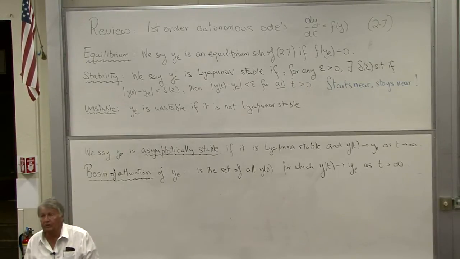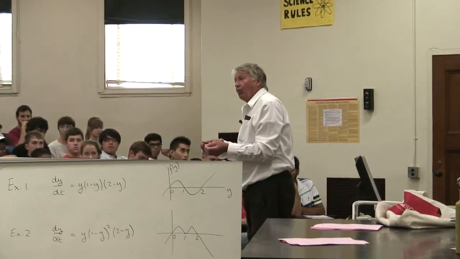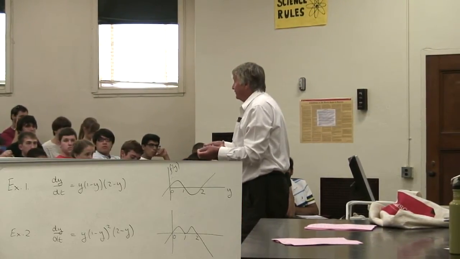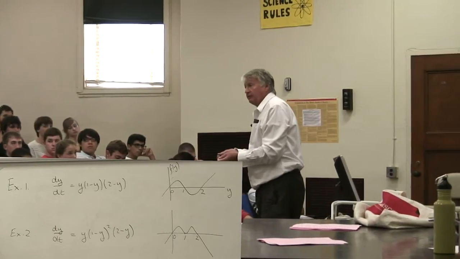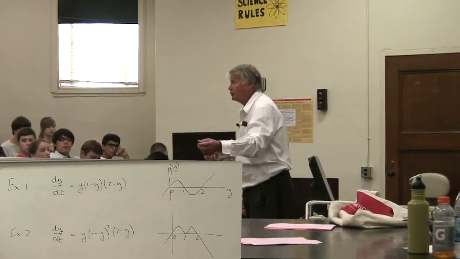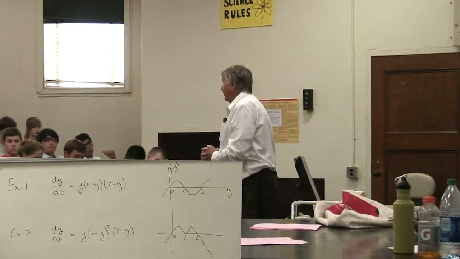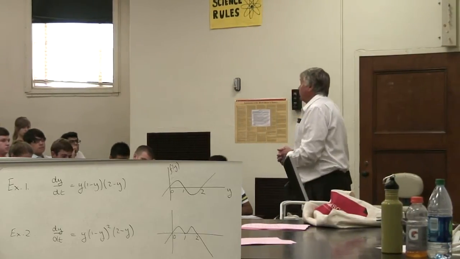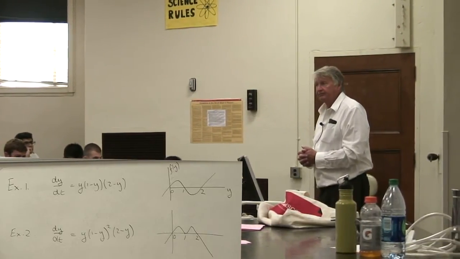But first of all, we say YE is unstable if it is not Lyapunov-stable. In other words, if you start near and the solution goes away, then the equilibrium point is unstable.